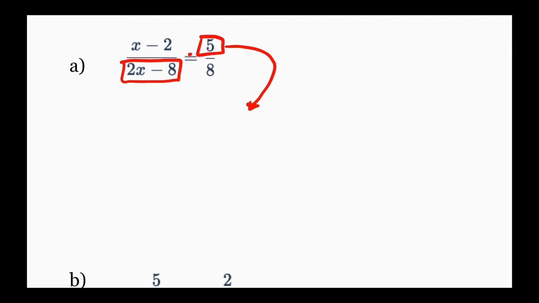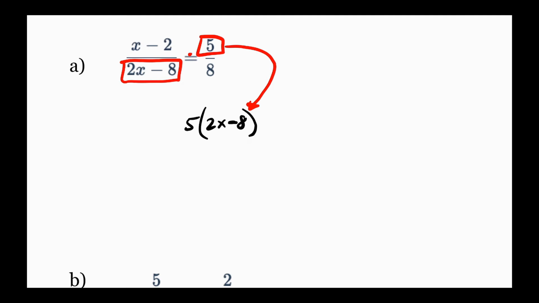So those two in red multiply times each other. 2x minus 8 times 5, both of them times 5. So it's going to be a 5, and then what you're multiplying times, right? Because I'm multiplying 5 times both of them, not just 2x and not just negative 8.